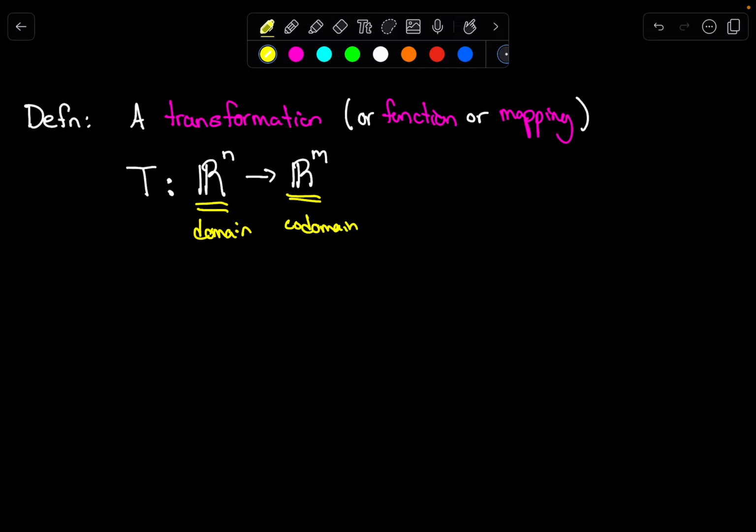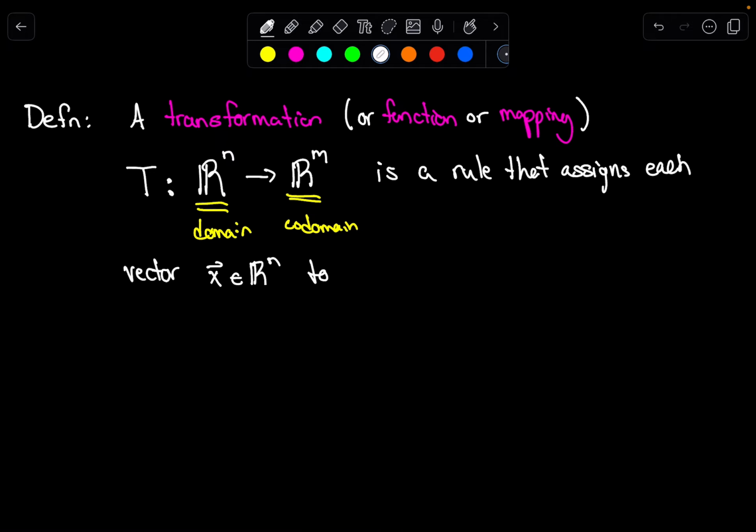Okay, so a transformation T that maps from Rn to Rm is a rule that assigns each vector, I'll call it X, each vector X in Rn to a vector, we'll say T of X, and that is in Rm.